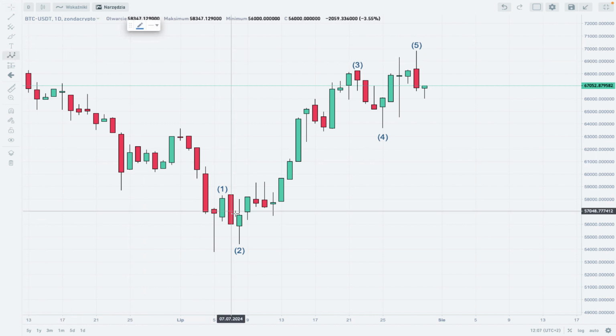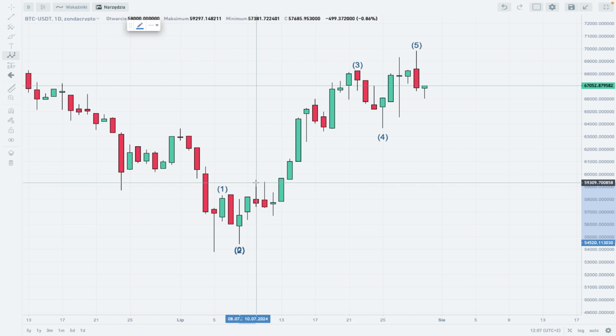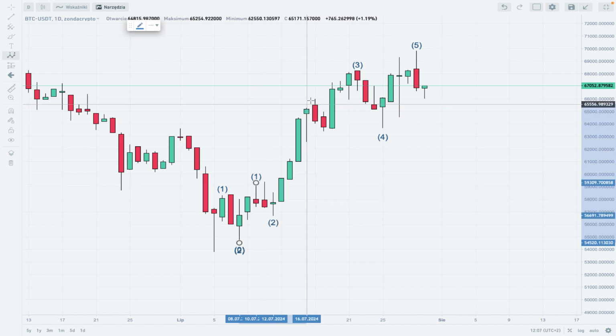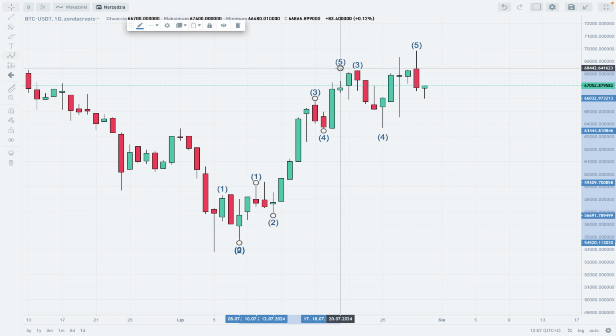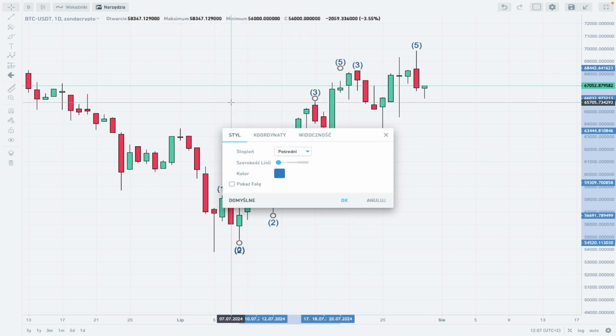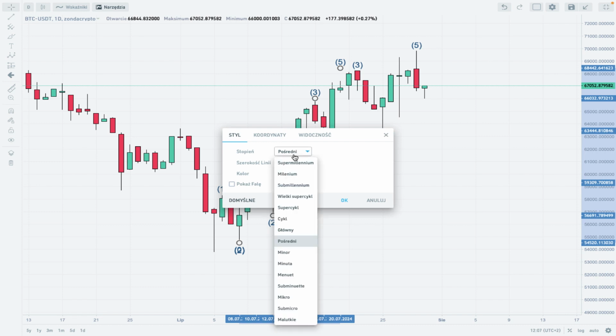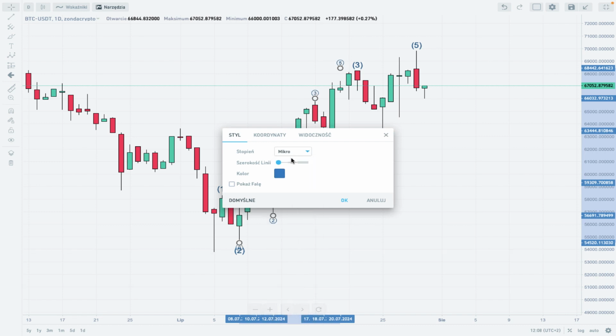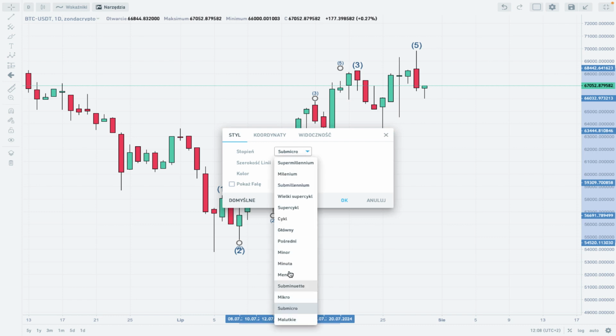Moreover, let me label one more thing here. The wave 3 is as well developed in 5 waves. So let me get rid of this structure, and I will make it like a different degree.